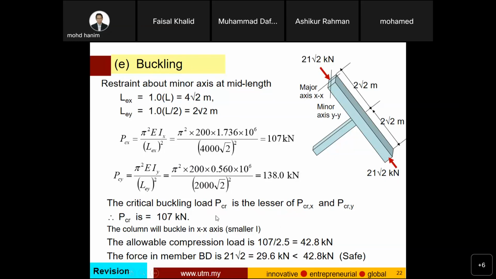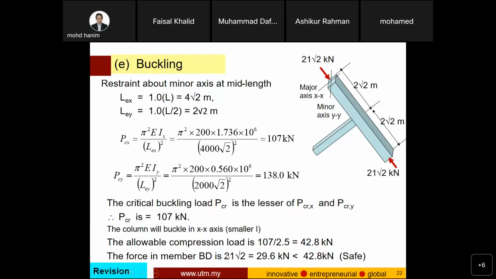What it means here is that the member can be loaded initially up to the failure, but at that moment the buckling capacity should be considered. This one, the allowable compression load is 107 divided by 2.5, 42.8.